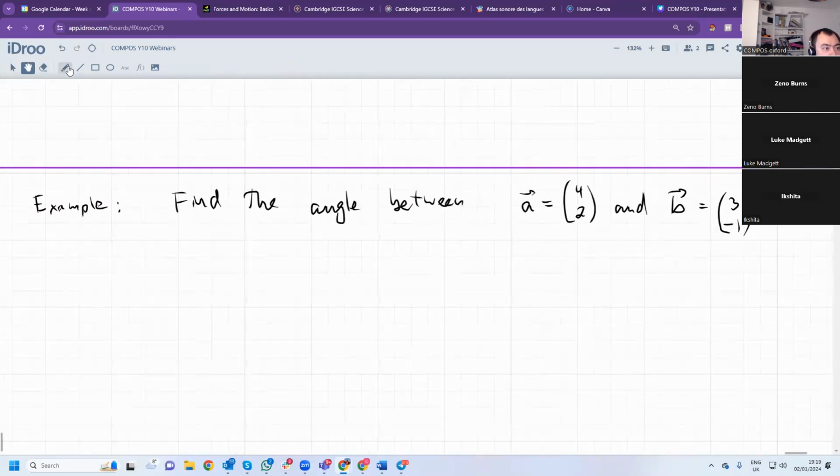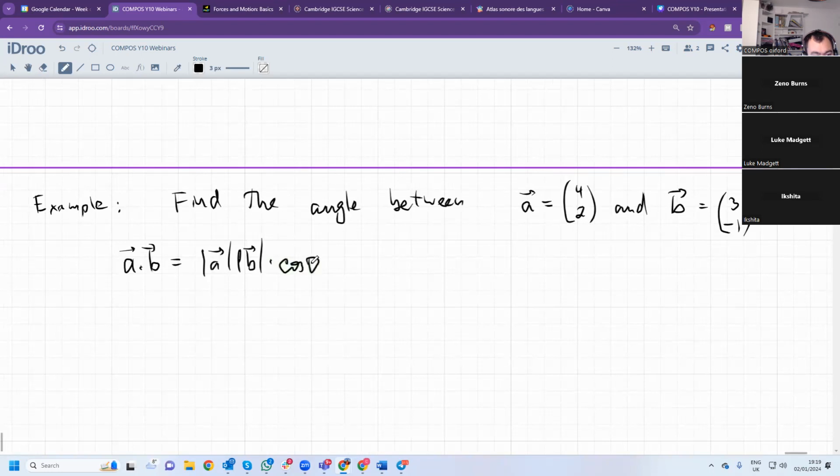Okay, so what we can do? We can say that A times B is equal to modulus A multiplied by modulus B multiplied by the cosine of the angle between them. So you can work out the cosine of the angle: it is the dot product divided by modulus A times modulus B.